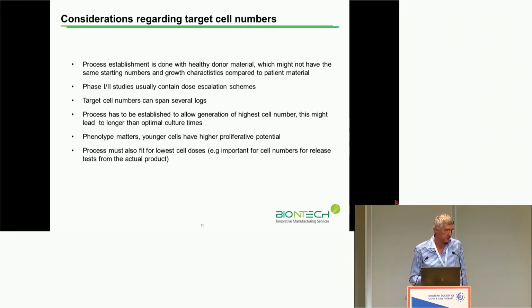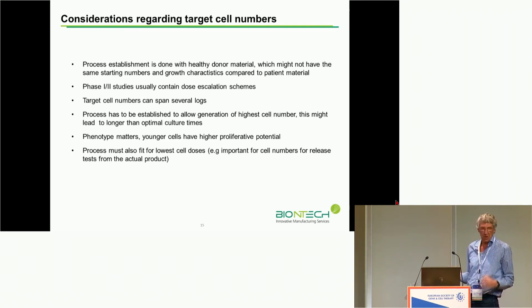So that's 3 logs. But they all have to be done with the same process. So obviously the process that you have established has to allow for the highest amount of cell number. That's the scale you establish, because all the cells that you compare have to come from the same process, of course.